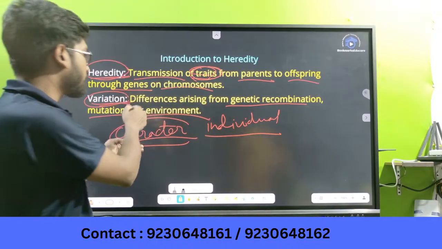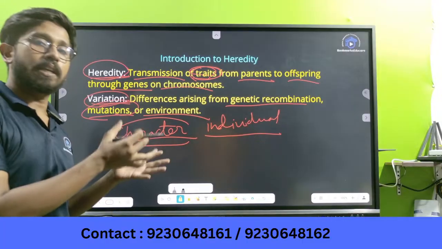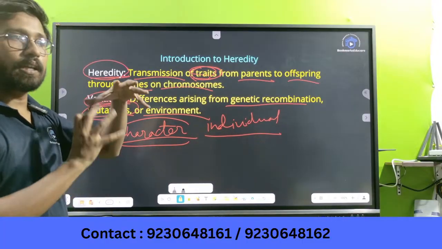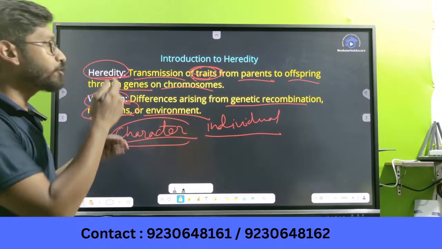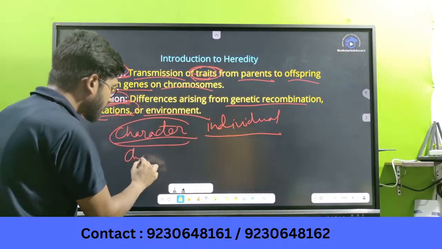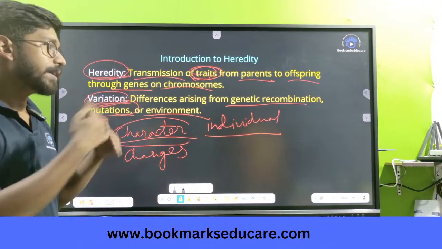In genetic recombination, your genes are getting recombined, as in various combinations are occurring. Through that, some kind of changes in your genetic code are happening.